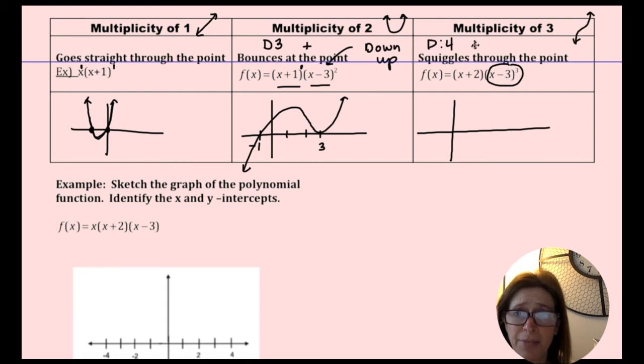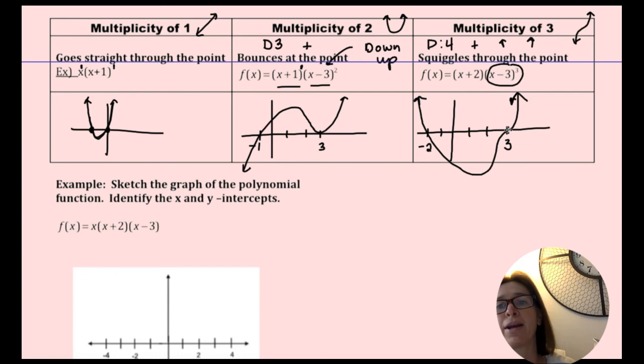It's positive, so I know my end behavior is up, up. I have an x-intercept at -2 and an x-intercept at 3. It's going to go right through -2, but as it comes around and turns, it's going to squiggle through 3, because that x-intercept has a multiplicity of 3.